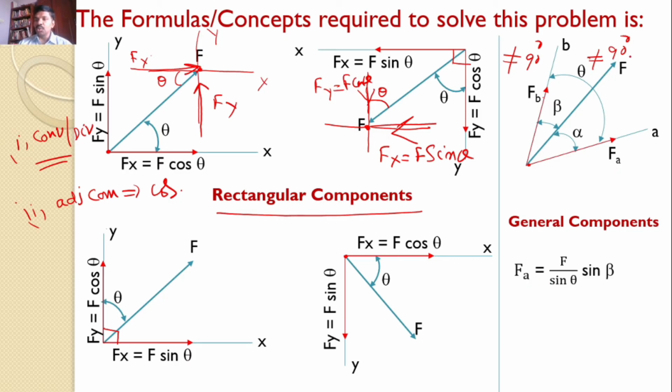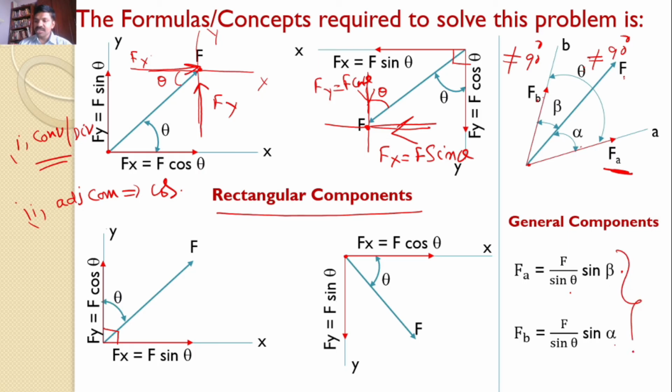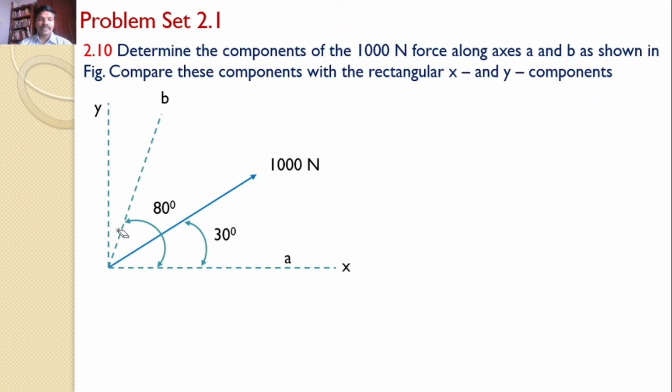Fa is equal to F by sine theta into sine beta. Similarly, Fb is equal to F by sine theta into sine alpha. These components are known as general components.